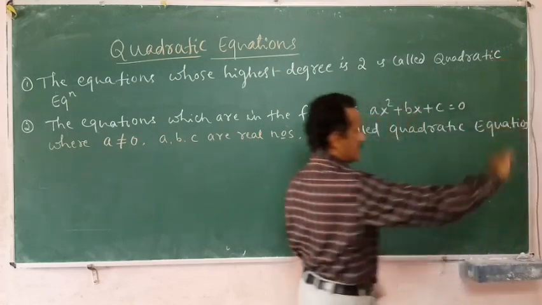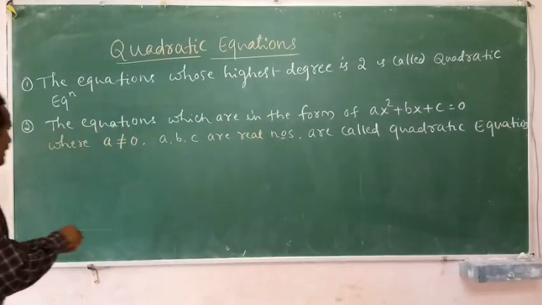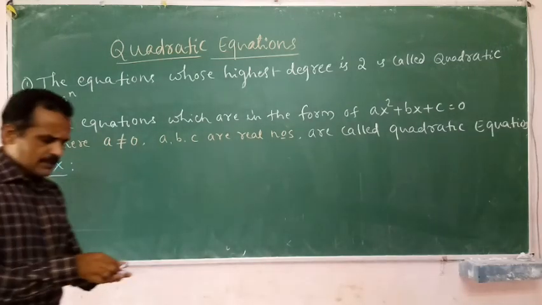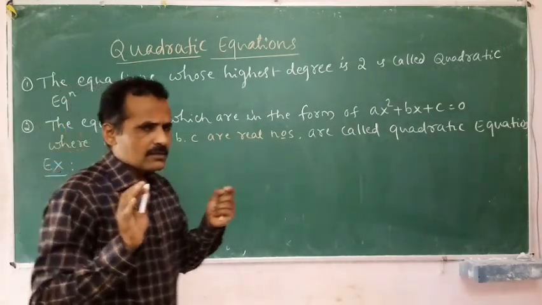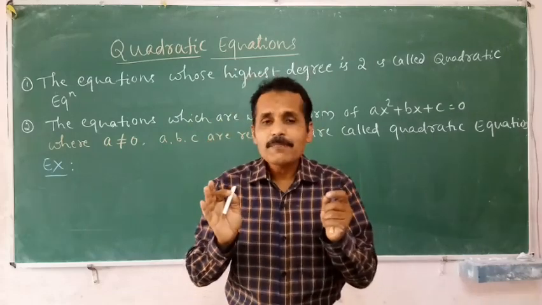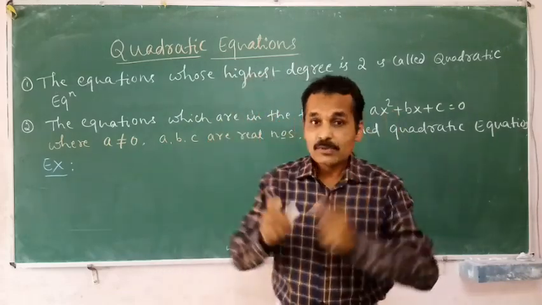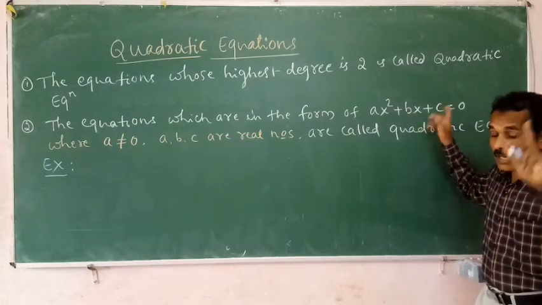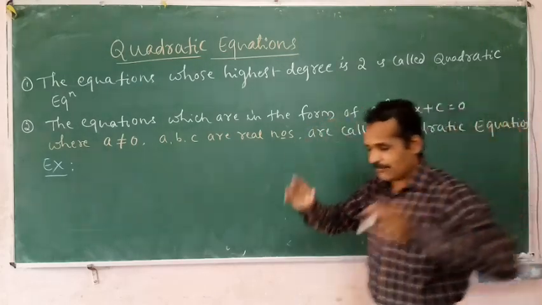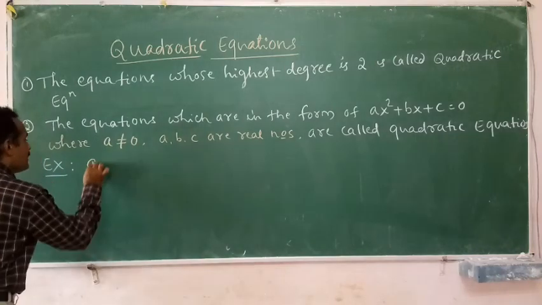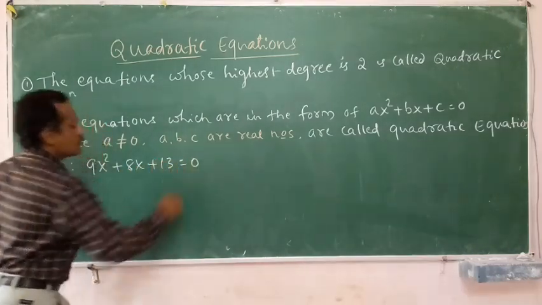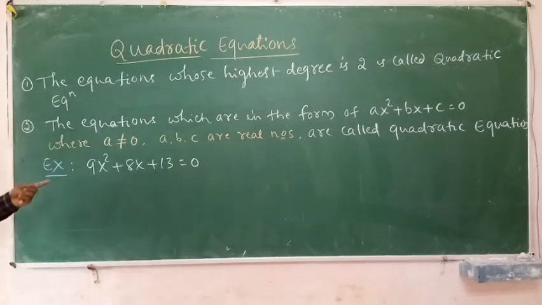Let us take some examples for quadratic equations. See, if it is a quadratic equation, its highest degree must be 2. But I never say there must be 3 terms. I can say the highest degree is 2. Say for example, I will write 9x square plus 8x plus 30 is equal to 0. See, what are the conditions?